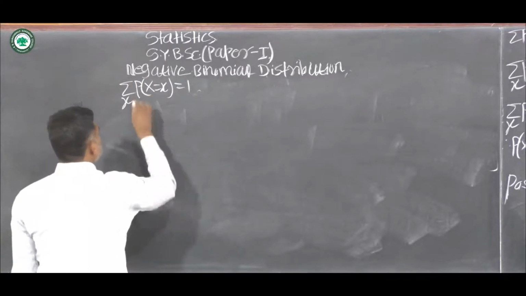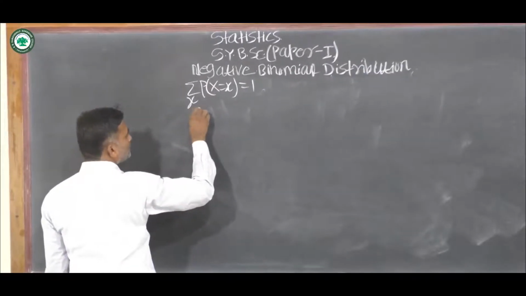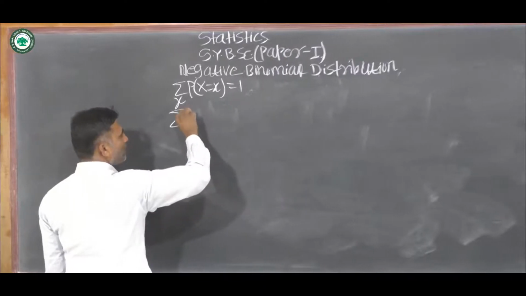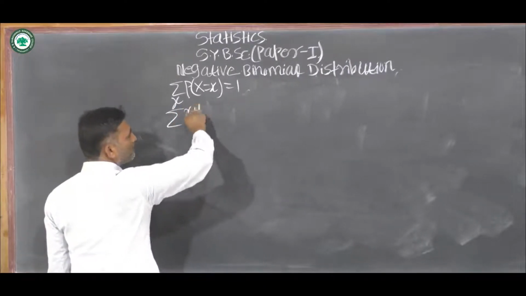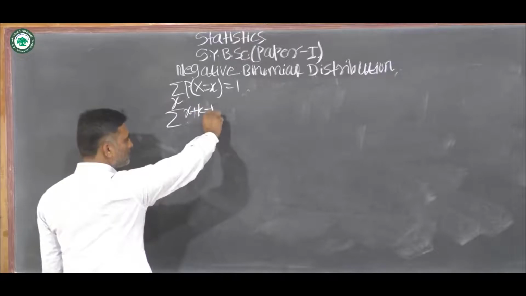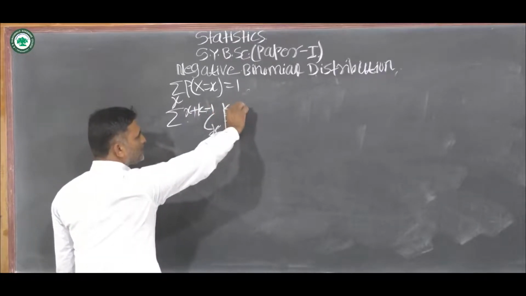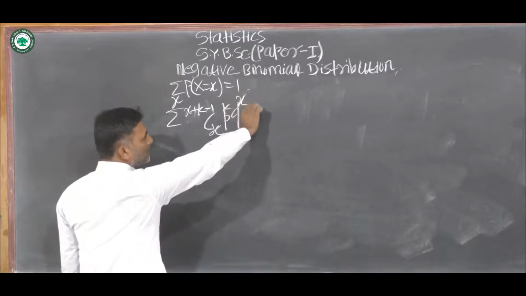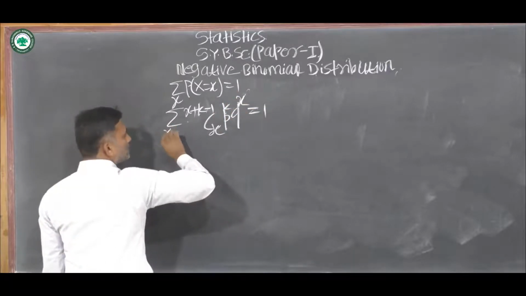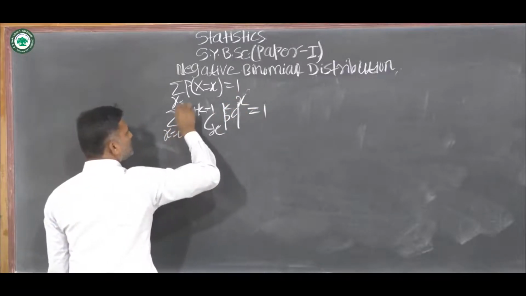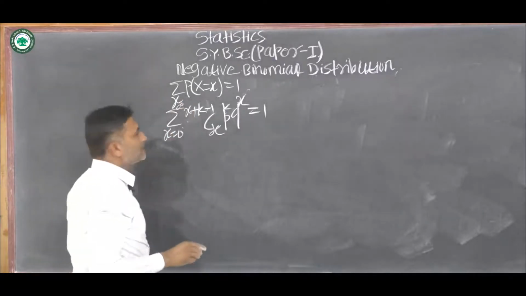Then this is equal to the summation of x plus k minus 1 C x into p raised to k into q raised to x, which is equal to 1, summation over x running from 0 to infinity.